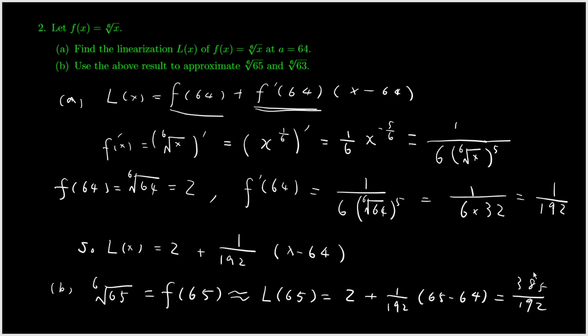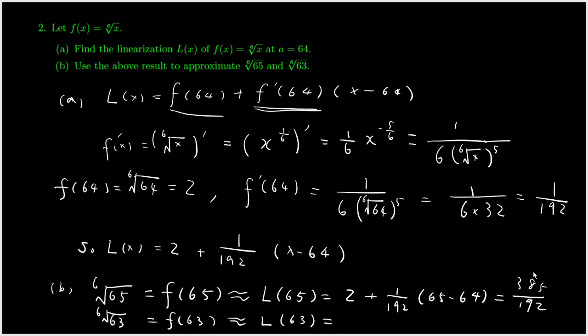And likewise, the 6th root of 63, the same story, is equal to the value of the function at 63. It can be approximated by the value of the linear function at 63.